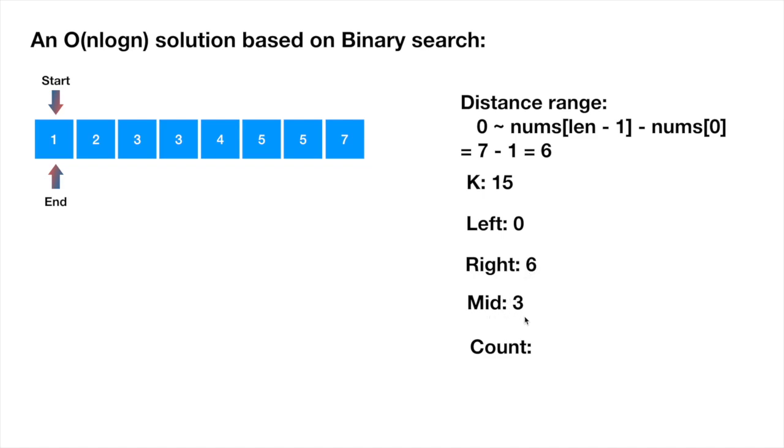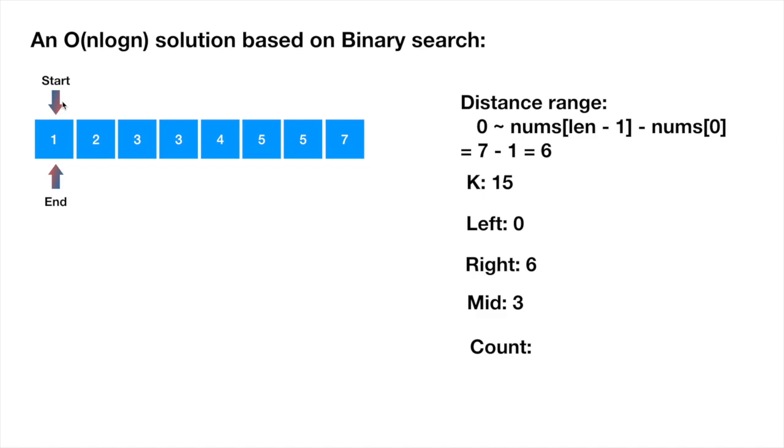And mid is left plus right divided by 2. The reason why we use two pointers is like a sliding window technique, just to calculate the number of distances in that situation.